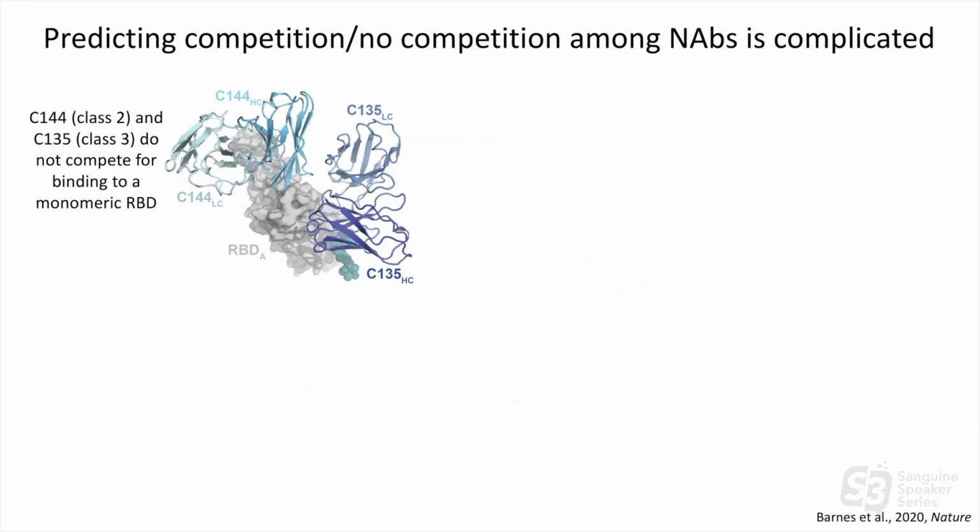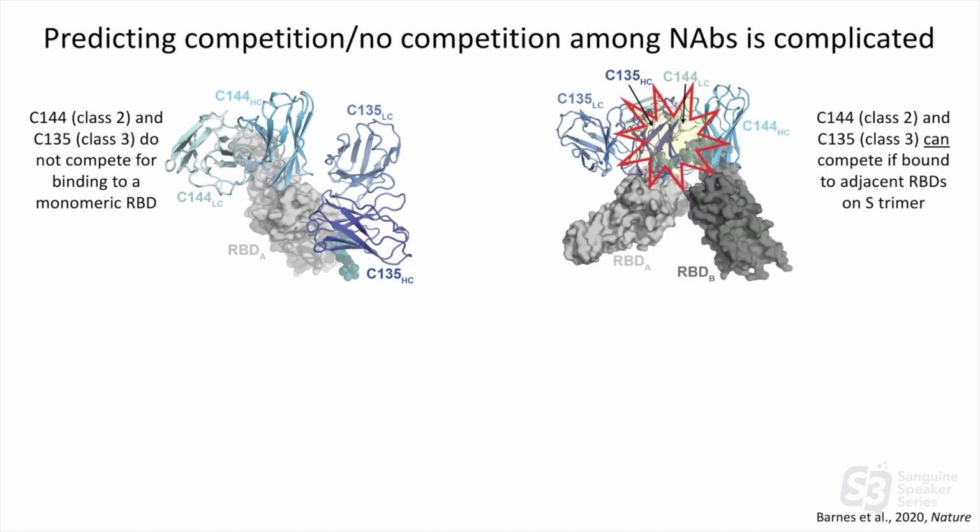So let's give an example. If you had C144, which is class 2, and C135, which is class 3, their epitopes are different, as you can see on this modeling onto an isolated RBD. So if you did a competition assay with RBDs, you'd get the answer that they don't compete. But depending on what type of RBDs you have in the spike trimer, the RBDs are dynamic and they go up and down regardless of what is bound to them.